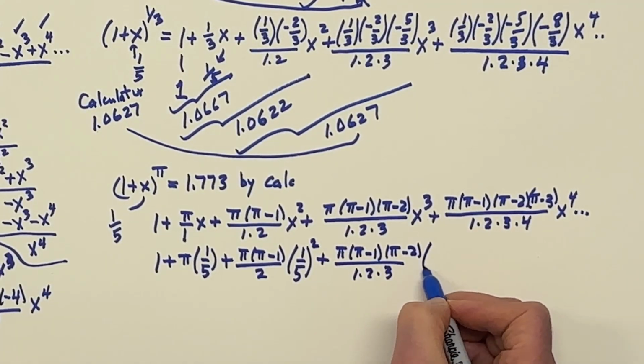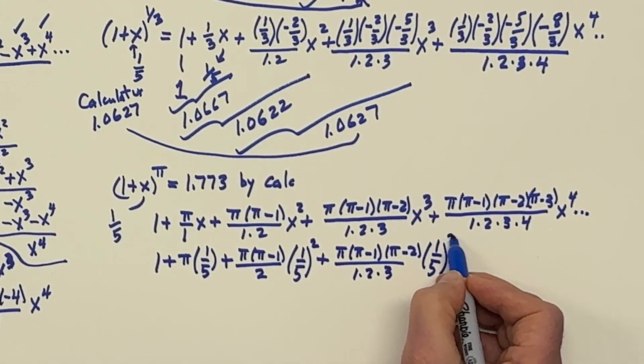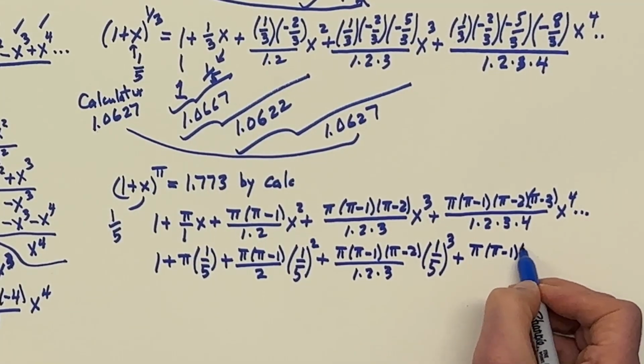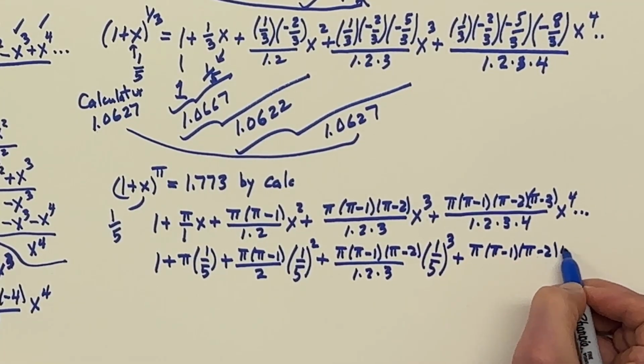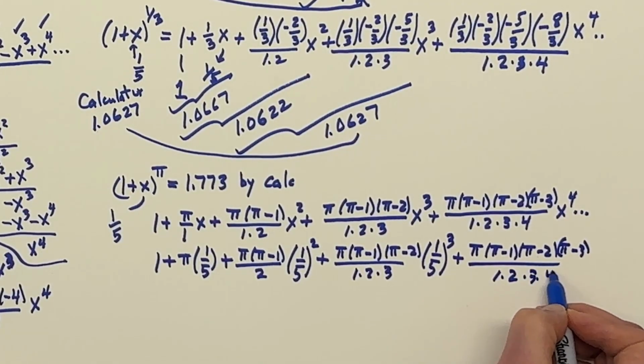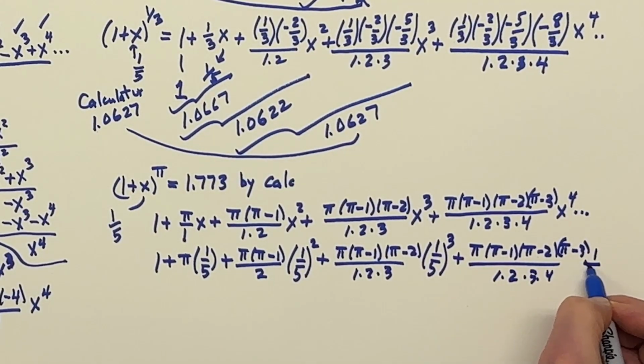Use a calculator. 1 over 5 cubed. And plus pi minus 1, pi minus 2, pi minus 3 over 1 times 2 times 3 times 4. And this is 1/5 to the 4th power.